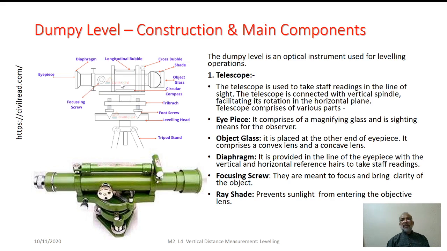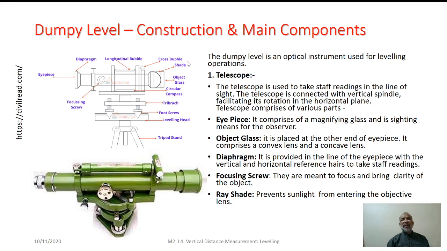This is the telescope. On one end there is an eyepiece, at the other end there is an object glass. The telescope is provided with a focusing screw as well as a longitudinal level tube and cross bubble tube.